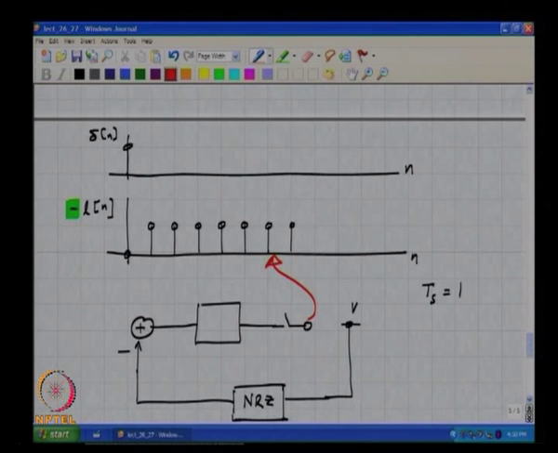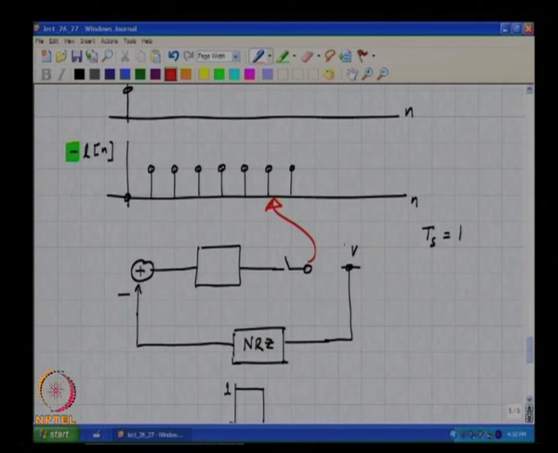Is this clear? Right. So, if I put an impulse here, so here I must inject a discrete time impulse.